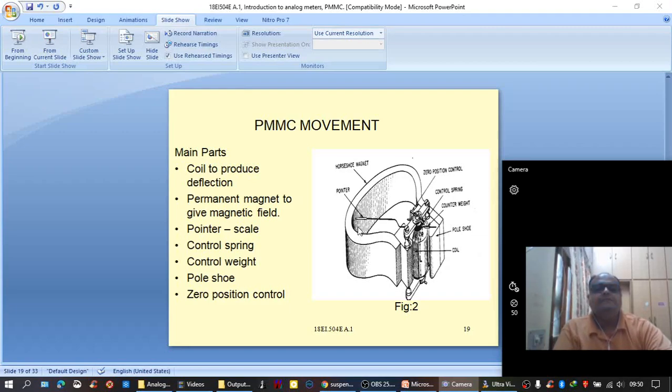In such a case, as an initial correction before taking the instrument for measurement, we can set the pointer to move onto the zero position of the calibrated scale. For that purpose, this zero position control is used. Here, a simple screw will be there. By adjusting the screw using a screwdriver, you can make the pointer move back onto the zero position.